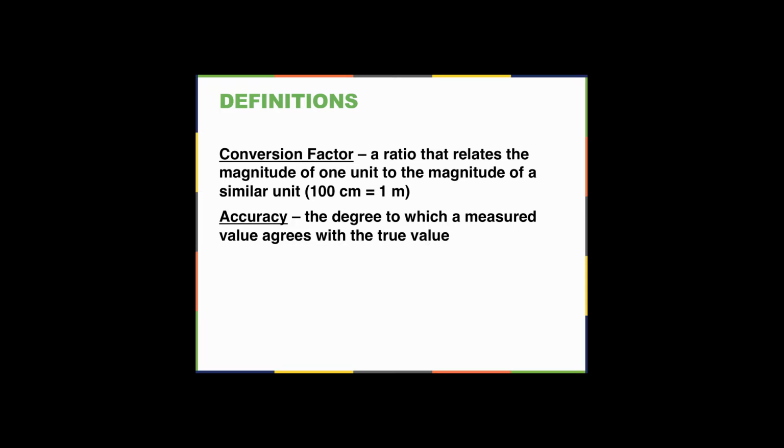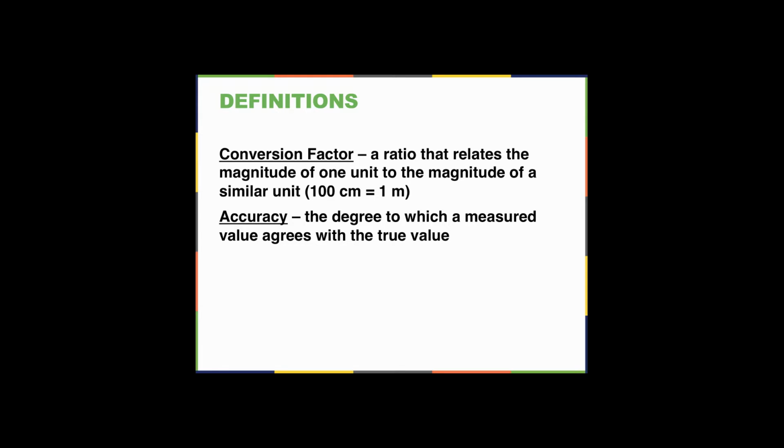So, for example, in God's mind, you have a certain weight, say 160 pounds, and that's the real true value for that weight or mass. Accuracy is the degree to which your scale, your measuring device, agrees with that true value.